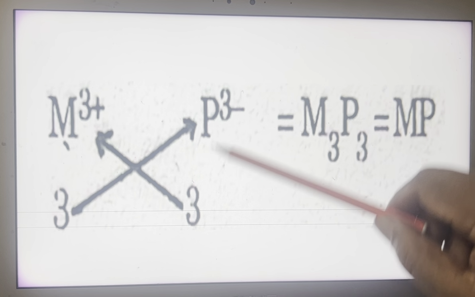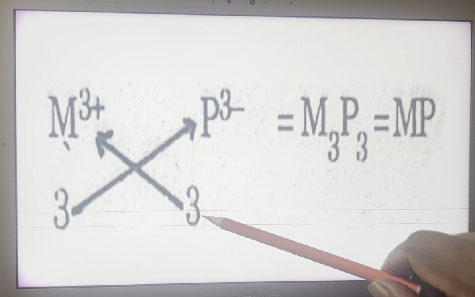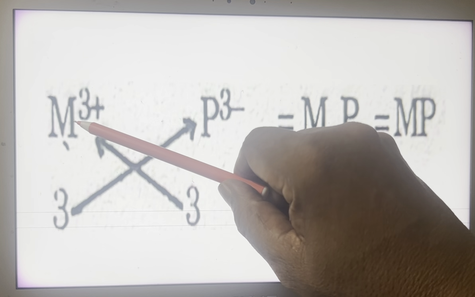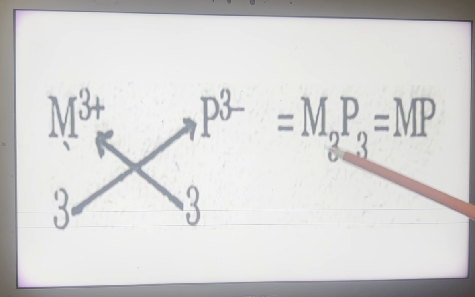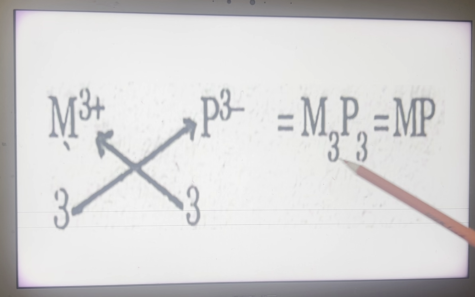It also has 3 valency. After crisscrossing, this is written M3 and P3. But the atom ratio 3:3 can be simplified to 1:1. So M1, P1, and you need not write the ones. So MP is the formula for the metal phosphide.